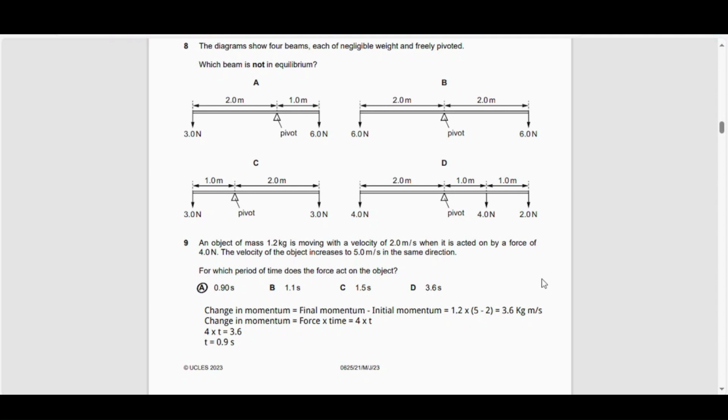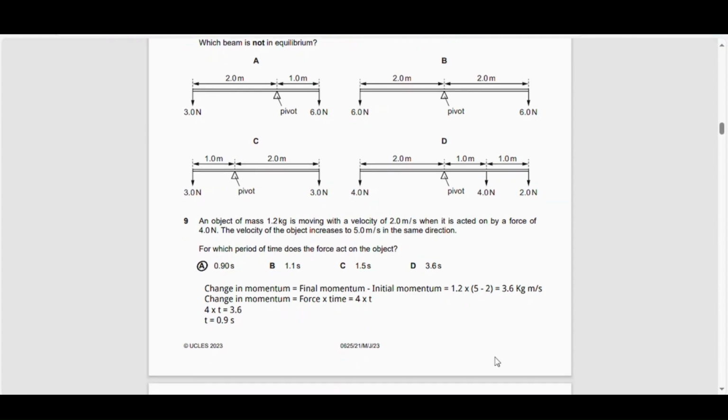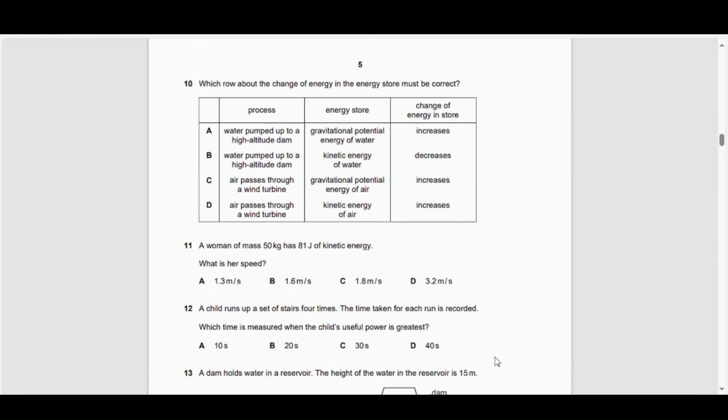That gives us a change in momentum of 3.6 kilogram meters per second. And then we know that the change in momentum is the product of the force and the time. And we know that a force of 4 newtons acts on the body. If we divide the change in momentum by the force, that would give us a time of 0.9 seconds. So that's the time over which the force acts on the object.